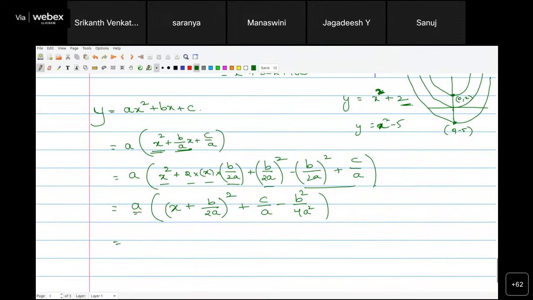Okay, if I multiply this by a, we are going to get a times x plus b by 2a whole square plus c minus b square by 4, and this a and a square will get cancelled and only a will remain.